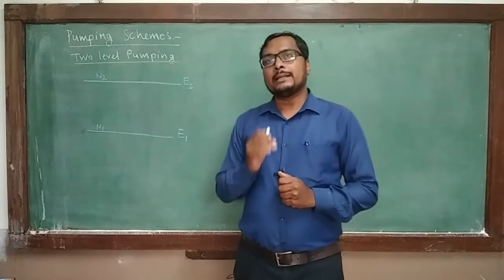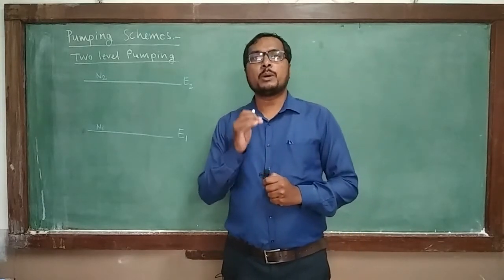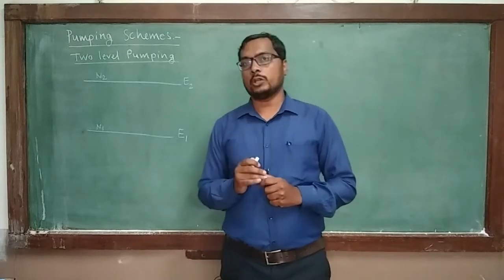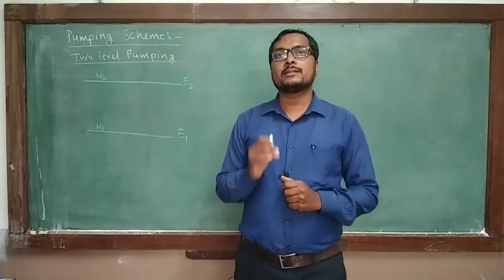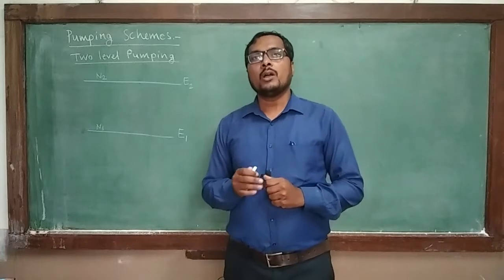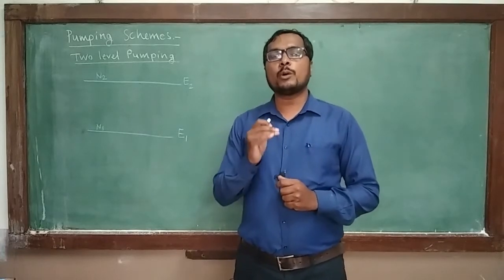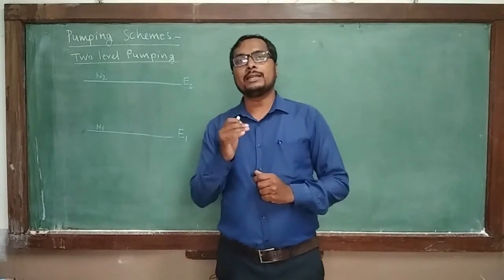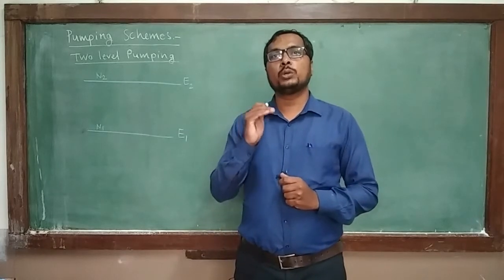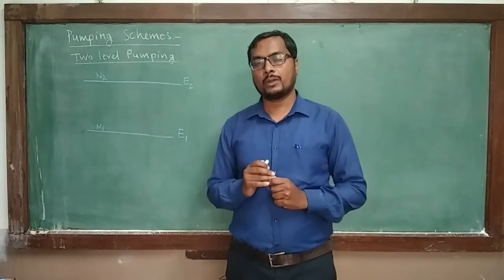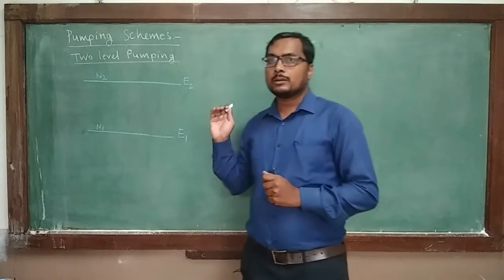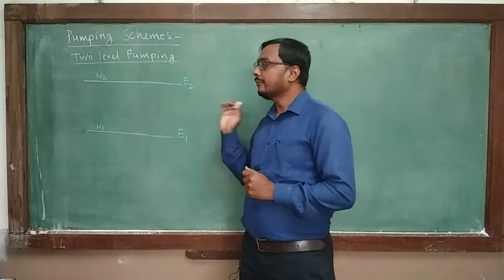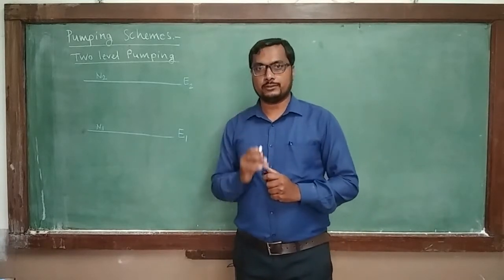But in the case of lasers, this pumping scheme is not useful because it has certain drawbacks. We cannot produce the state of population inversion with the use of this 2-level pumping scheme. We can make this conclusion from the following considerations.